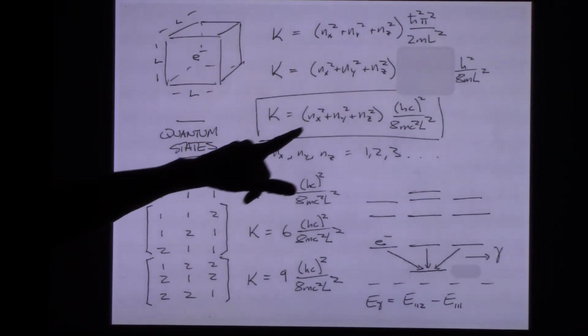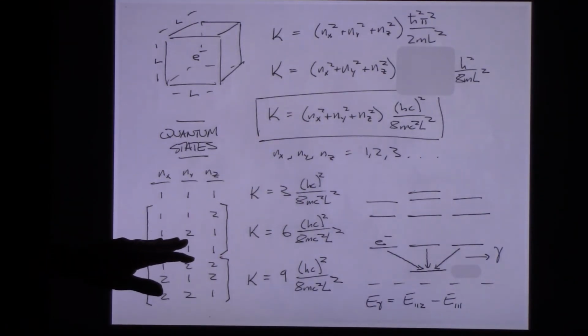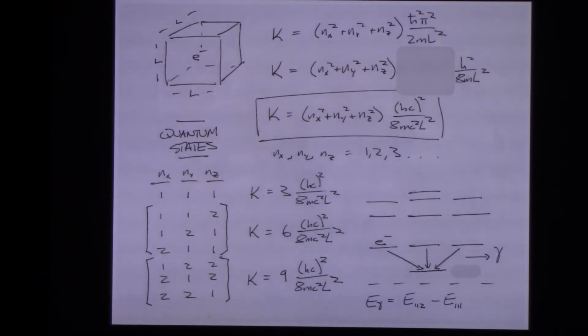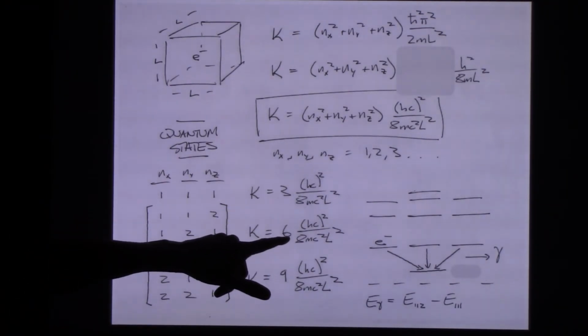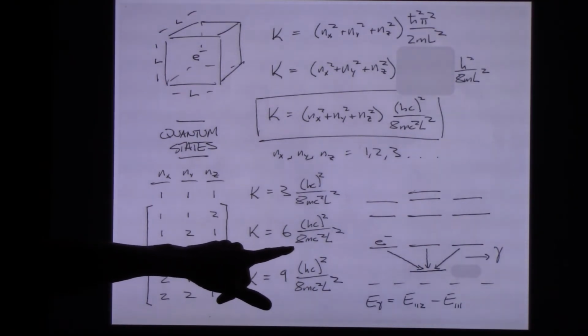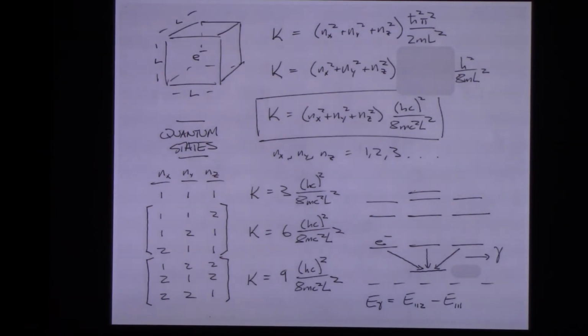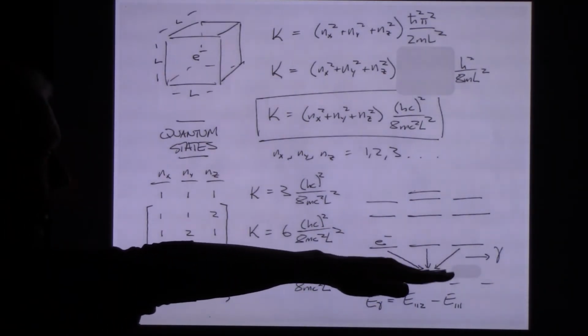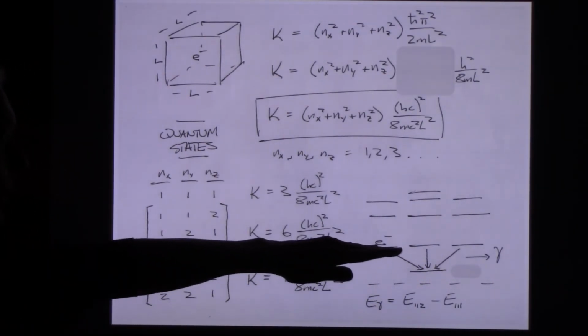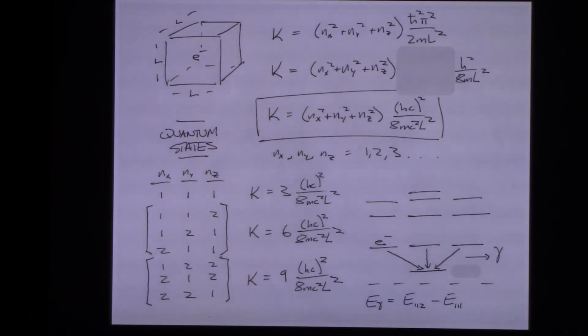That's the squares summed together: 4 plus 1 plus 1 is 6. And so there's 3 of those. Now this 6 hc squared over 8mc squared L squared is twice the energy of 3. So there's a lowest quantum state, but notice now I have 3 quantum states, and they're at double the energy.